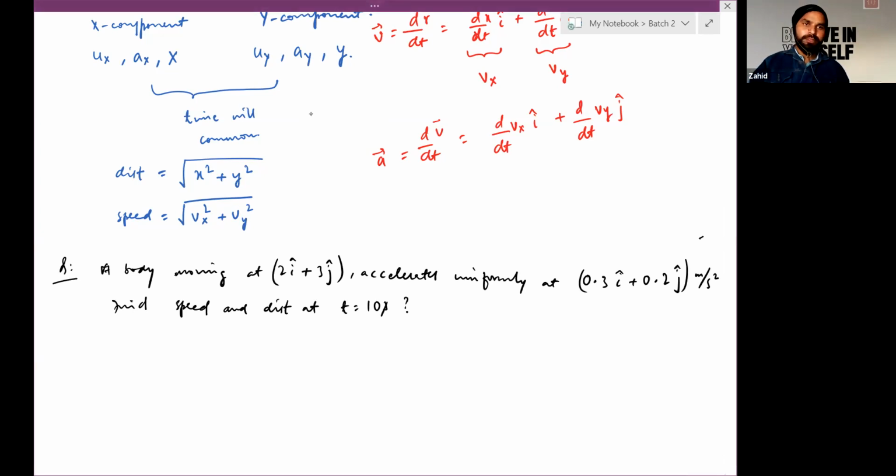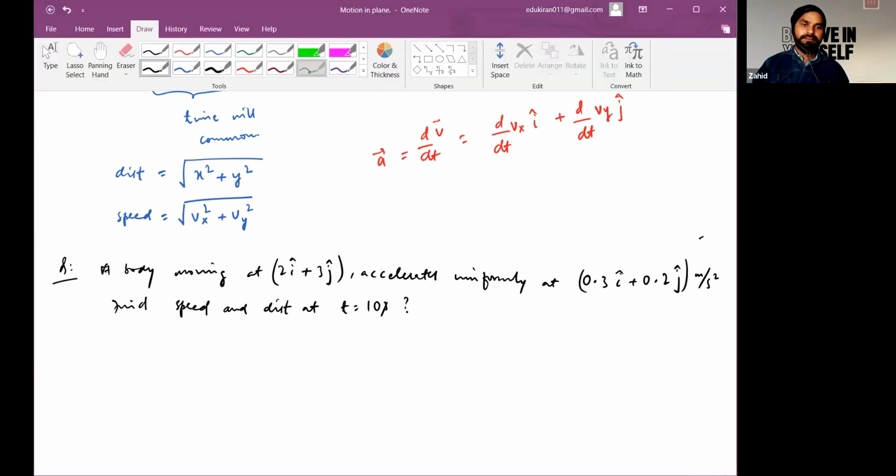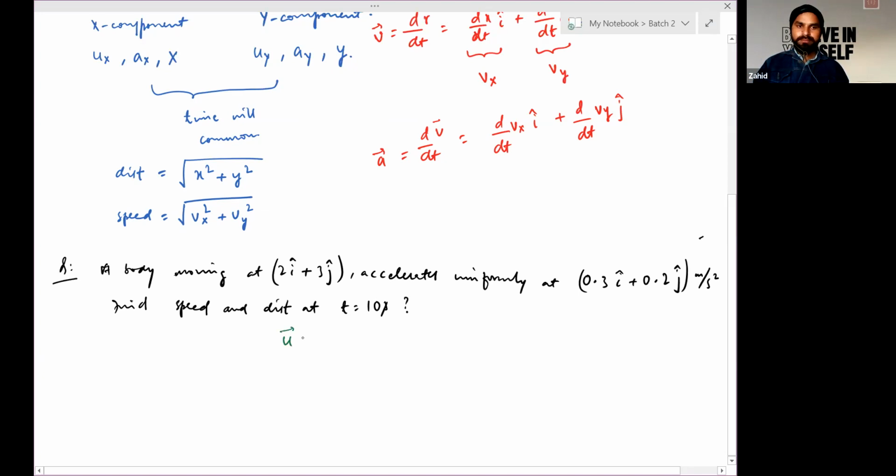Now just see in this problem, we have initial velocity as 2i plus 3j and acceleration as 0.3i plus 0.2j. So we may break into x component and y component.